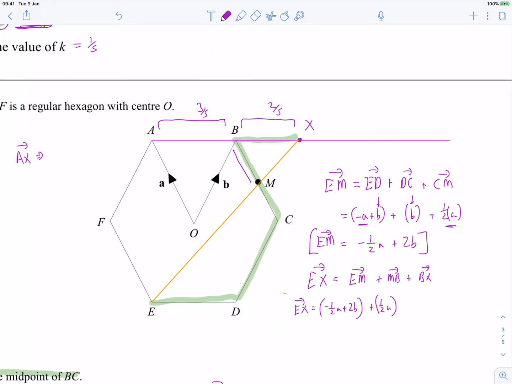And b to x, if a to b is minus a plus b, then how do I go from 3/5 to 2/5? Well, I divide by 3 and then times by 2. So it's actually 2/3 of minus a plus b.